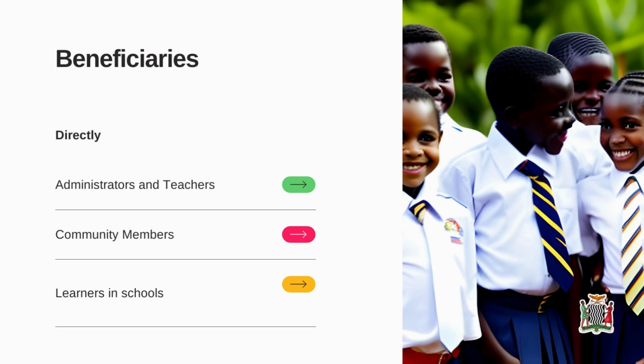And also we would want the community members to benefit from this project by allowing them to study through our mechanisms. And then learners are going to directly benefit because they will be learning from experienced, qualified teachers who will give them the content that is perfect. So that is exactly what we're talking about today.